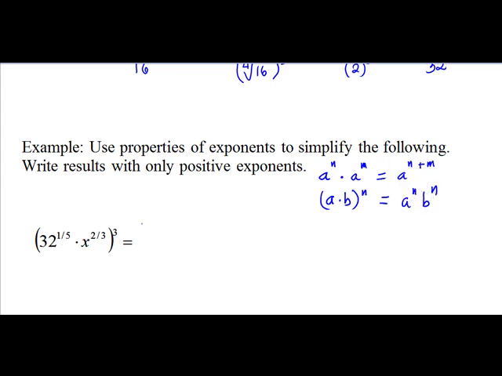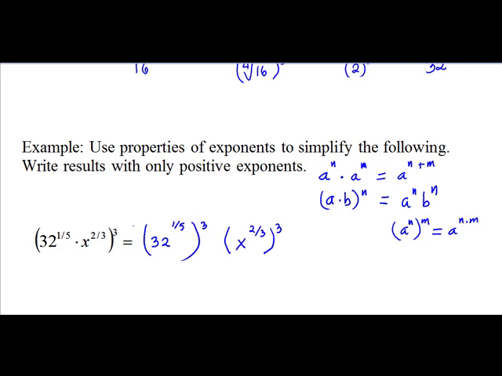So let's rewrite this as 32 to the whole thing to the cube power times x to the 2 over 3 to the cube power. And then we're going to simplify more. Now, we also learned that if a to the n, the whole thing to the m power, we can take n times m, where m and n are real numbers.